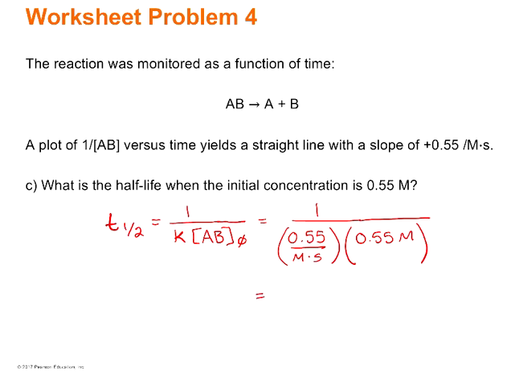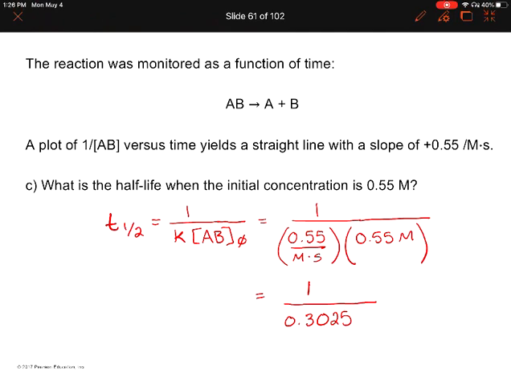So that should give us, let's see, what did I get? So I got 1 over 0.3025, and let's see, what are our units? So moles per liter will cancel, and we're just left with inverse seconds.